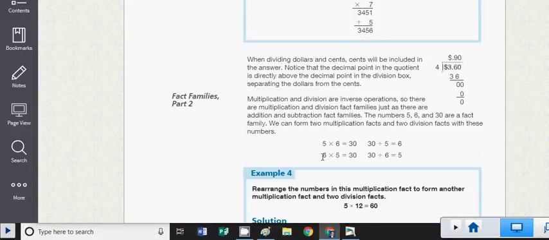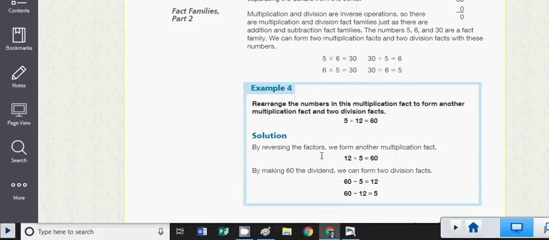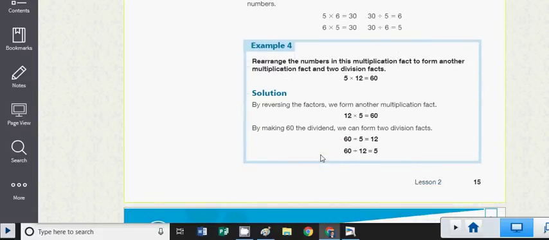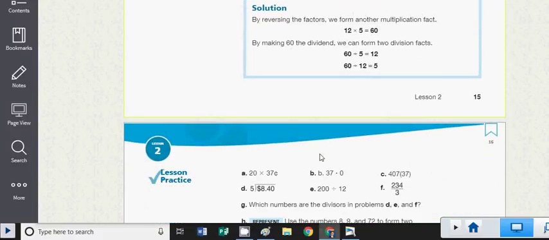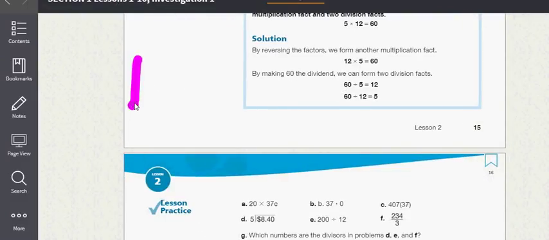Wrapping up here. Fact families with multiplication division. Since you can rearrange multiplication, it works a lot like when we had adding, subtracting. Maybe you want to show with a triangle again.